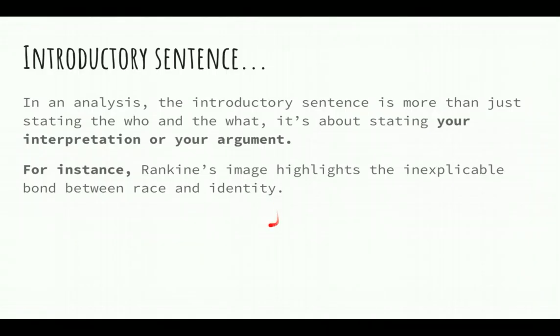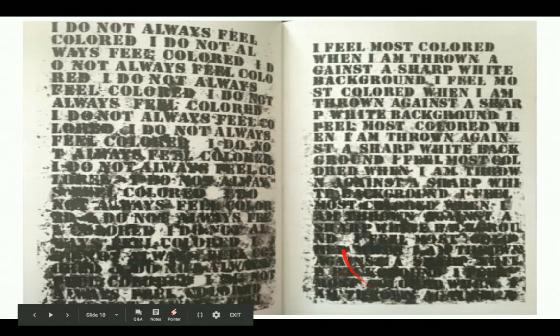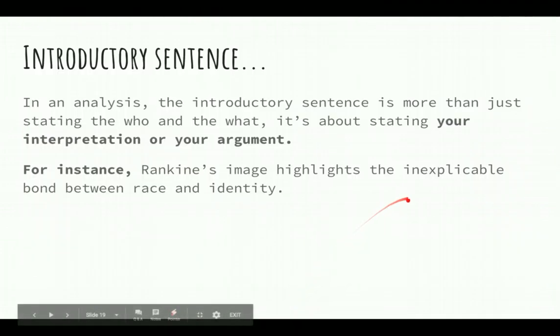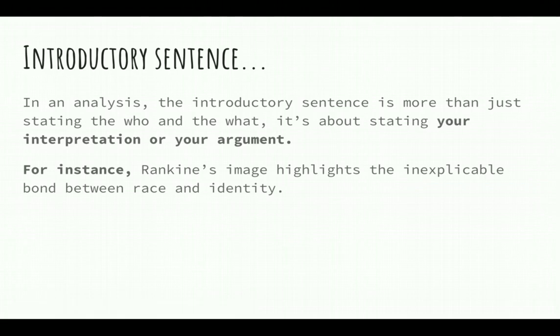And it seems like what I will then focus on is the way that this blurring out of the text with the page, with the ink, reveals that you might try to separate yourself from race, from others, but in fact, it's an impossible bond that presents itself whether you like it or not.